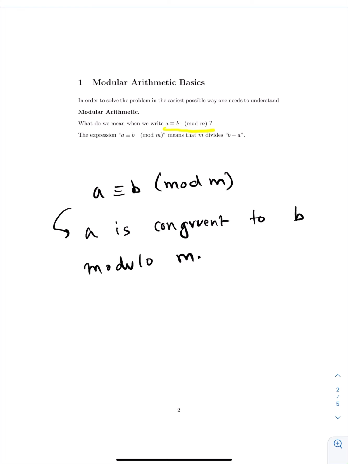This basically means that M divides B minus A.